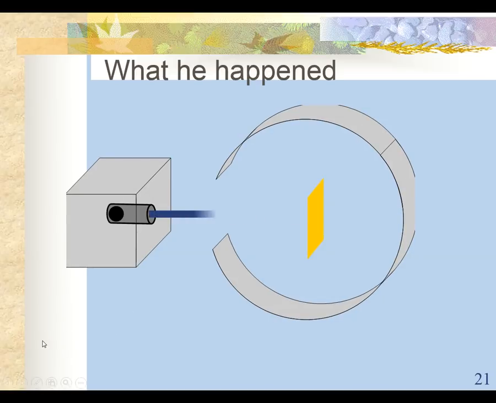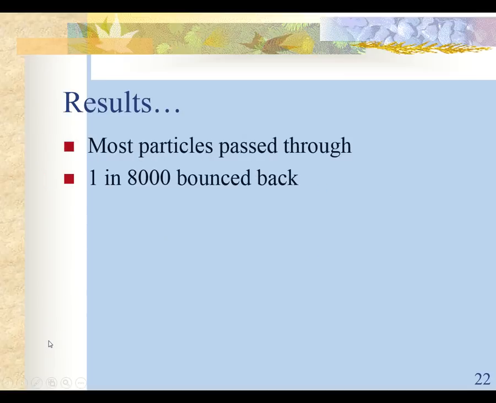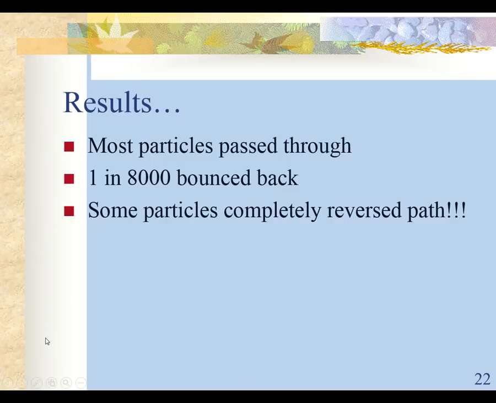He shot those alpha particles through, but again, 1 in every 8,000 got deflected. And so what happens here is that most of the particles did go through. But again, 1 in about every 8,000 bounced back, and some of them completely reversed their path.